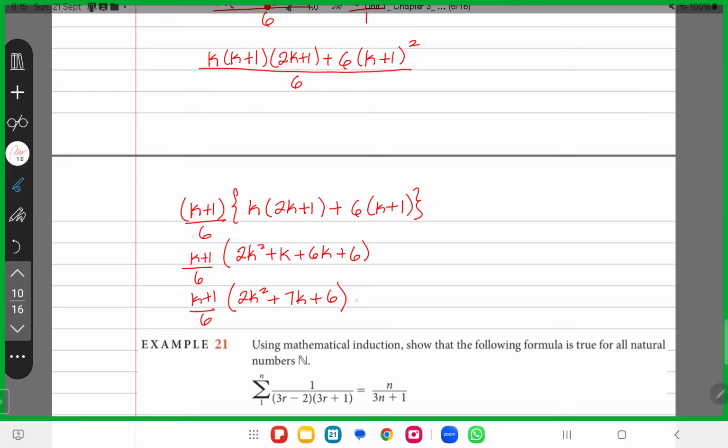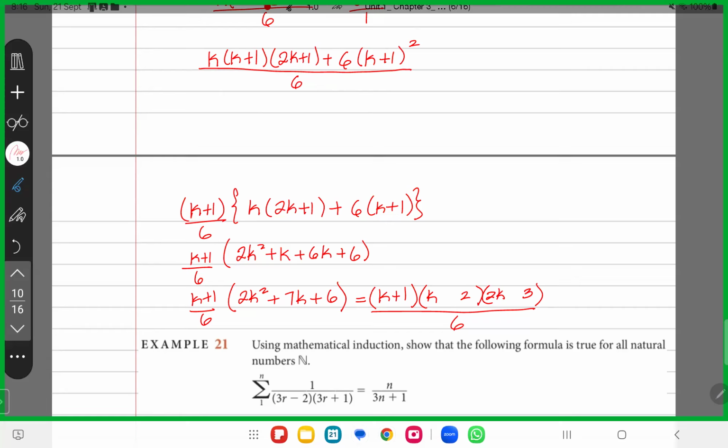Now, I'm going to do it by trial and error. I'm guessing the method you are most familiar with is the trial and error method. I'm factorizing. I'm going to have 2k here and k here. When I multiply 2k by k, I'm going to get 2k squared. I'm going to have, let me say, 3 here and 2 here.